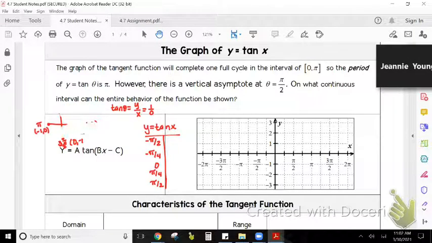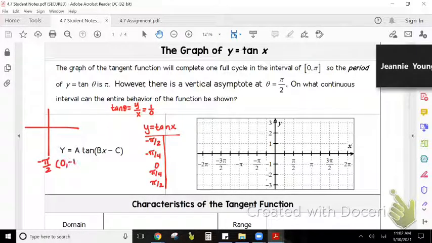And so I'm going to erase this here real quick, because now when I do this, I'm only going to look at negative pi over 2 that's down here that has that ordered pair 0, negative 1. I'm going to look at negative pi over 4 that has the ordered pair positive square root of 2 over 2, negative square root of 2 over 2.